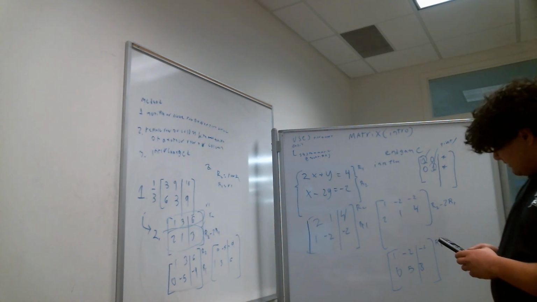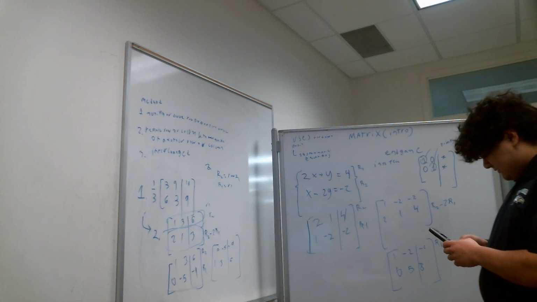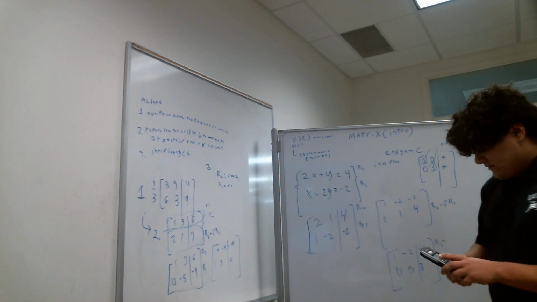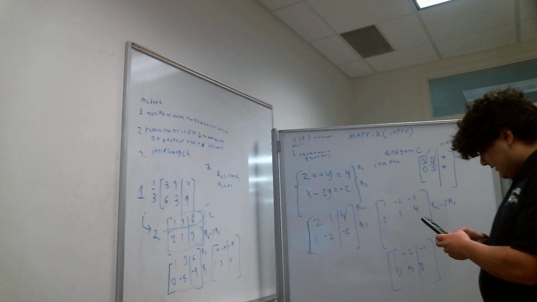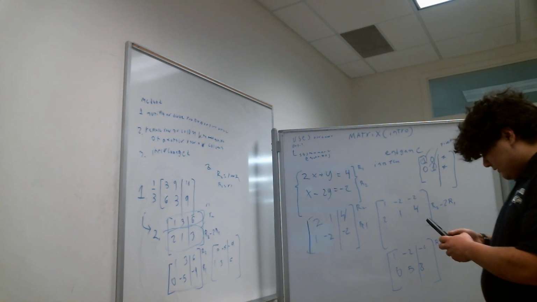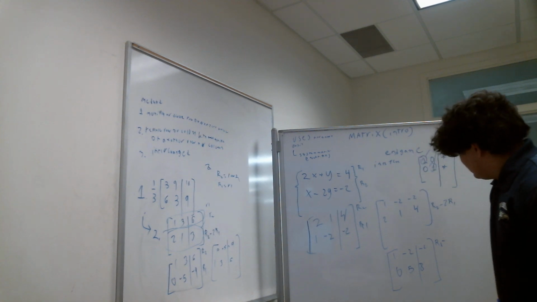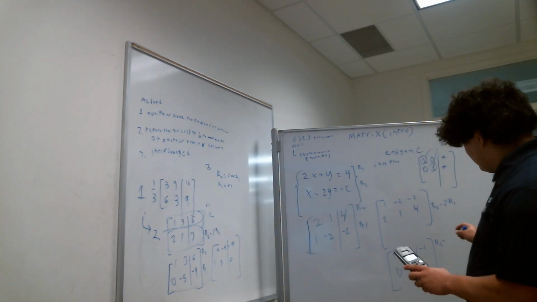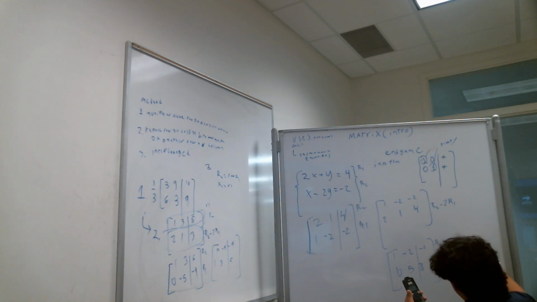You get R1 minus, okay, negative 2 minus 5 times negative 2 over 5, and you get 0. So now you get negative 2 minus 8 times negative 2 over 5, and then you get 6 over 5. So yeah, you get 0. You're on the right track: you get 1, 0, 6 over 5, and the bottom stays the same.